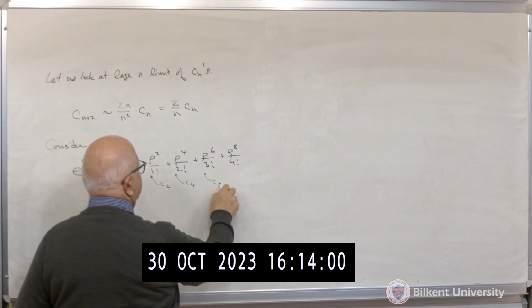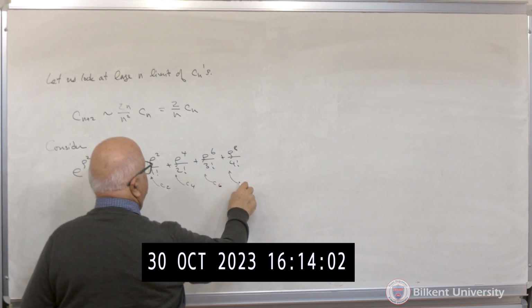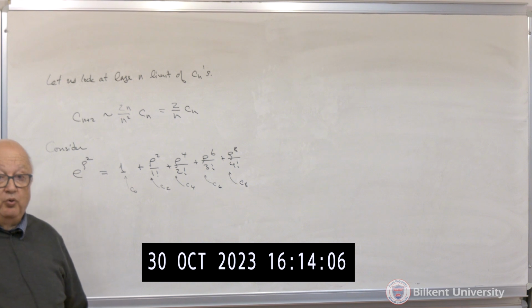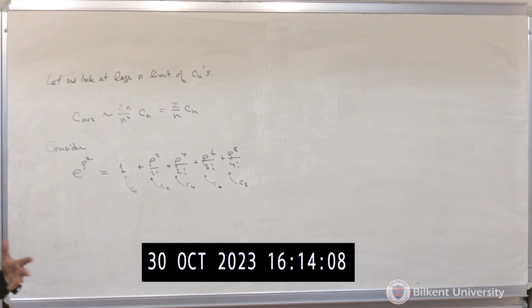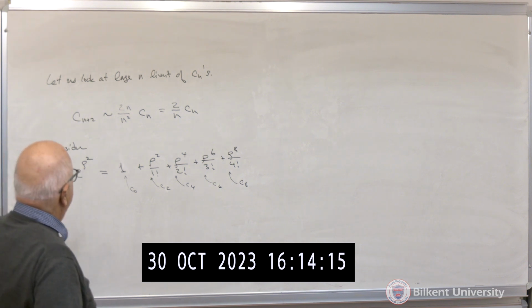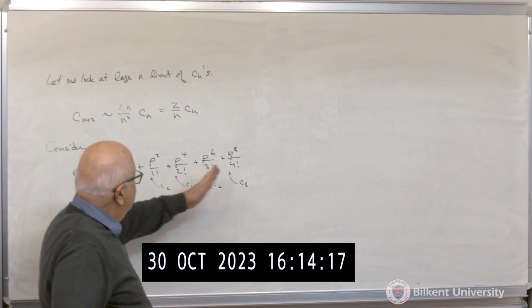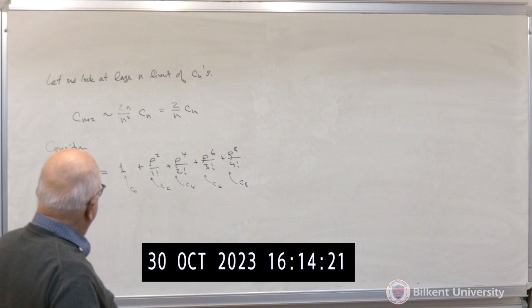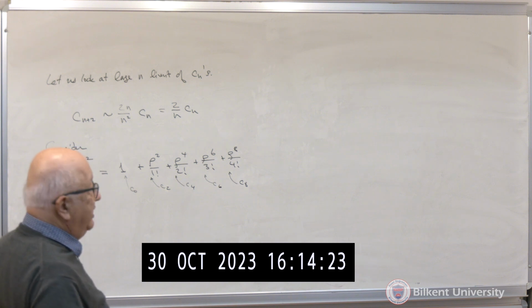This is C6, and this is C8. Those are the coefficients of the nth power of rho. So my equation is going to generate a series like this, and that is the type of terms that I am getting.